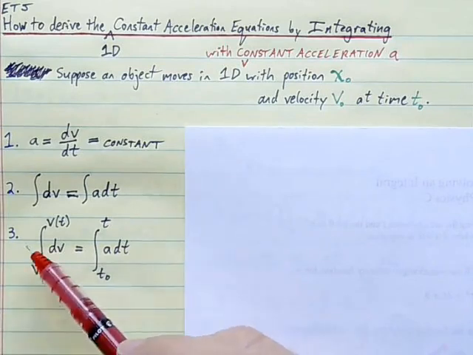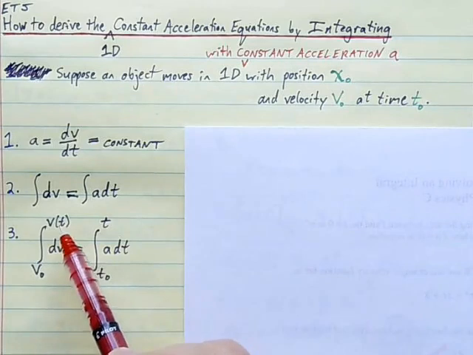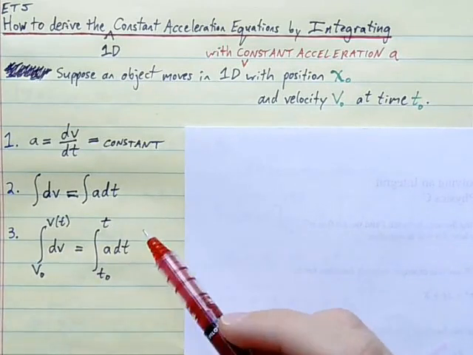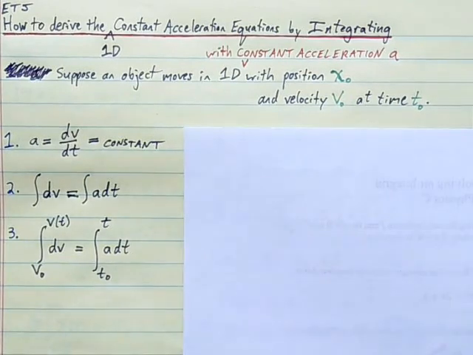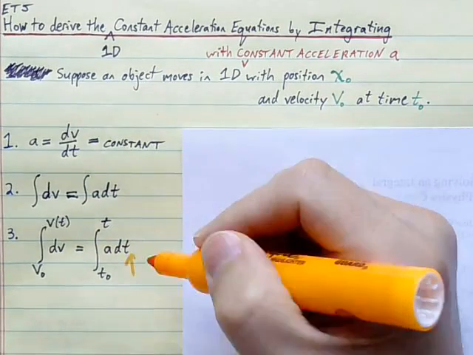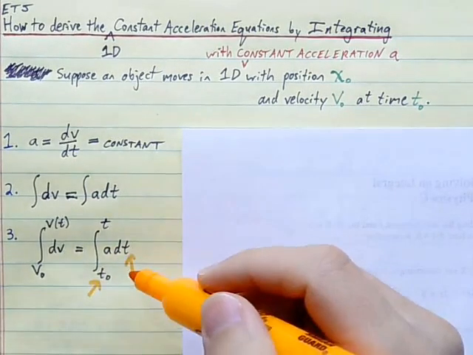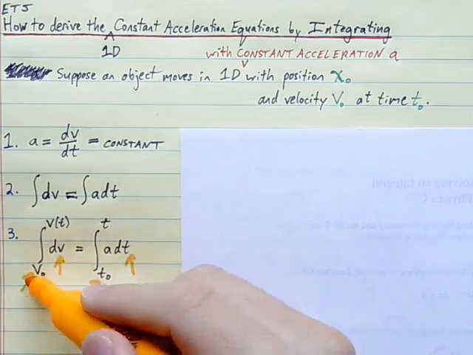So in this case, what we want is to find the velocity as a function of time. So we'll note that given our initial conditions at time t naught, when our independent variable t has its initial value t naught, at that same moment, this variable v has value v naught.